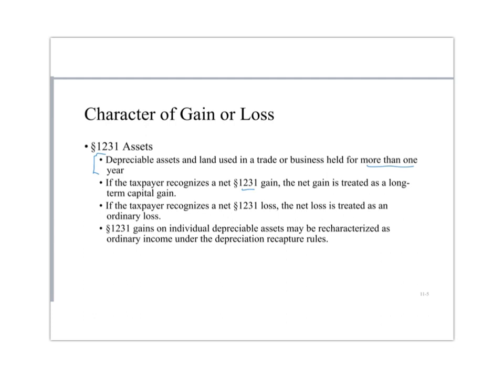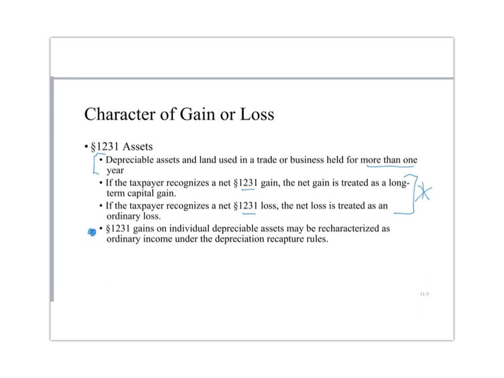If there's a 1231 loss, then that loss is treated as ordinary. From a tax perspective, these two pieces are very beneficial to the taxpayer because your gains are taxed at preferential rates, but your losses are ordinary. So that's fantastic.